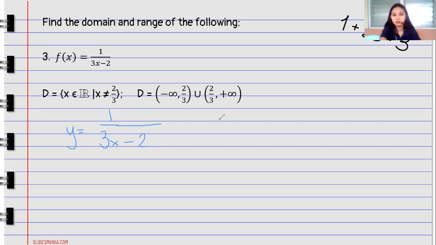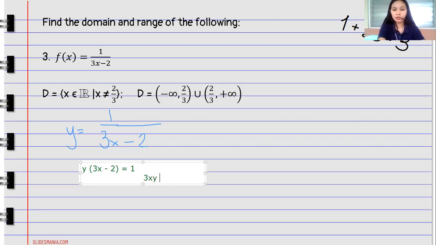Let's have, and then we will have y times 3x minus 2 equals to 1. Tama? And then, simplify lang po. We will be having 3xy minus 2y equals to 1.